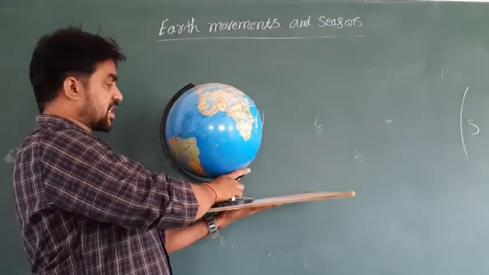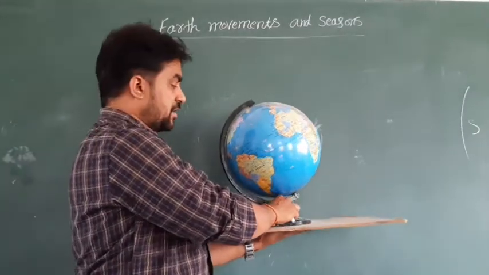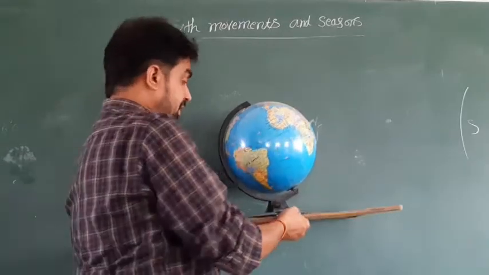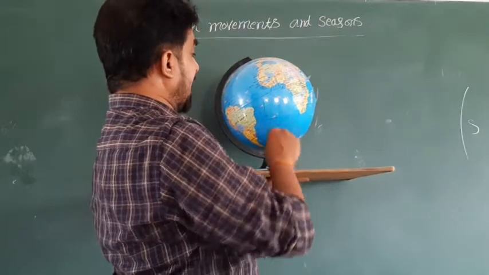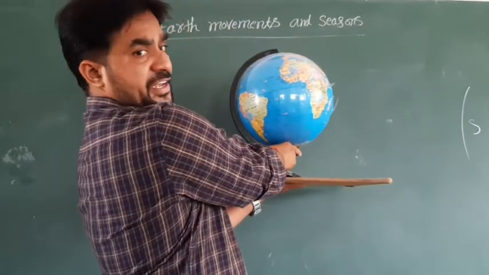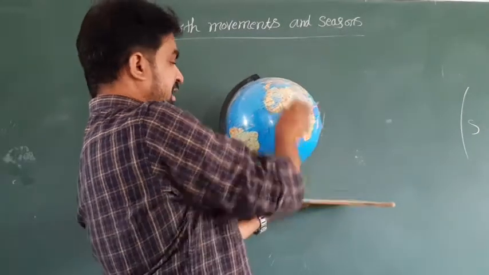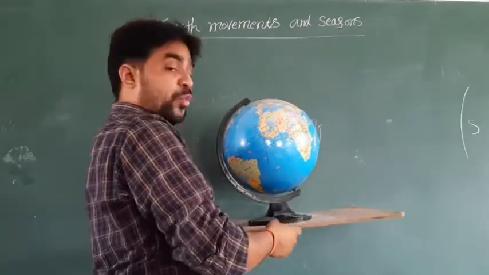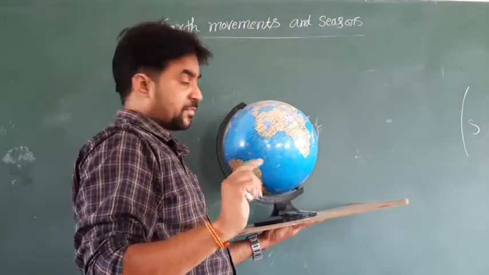First, I explained the shape of the earth. Second, I explained the rotation. The third one is called tilt. Tilt means bend. See that the earth is not standing at 90 degrees. It is always bending with a 23.5 degree bend.